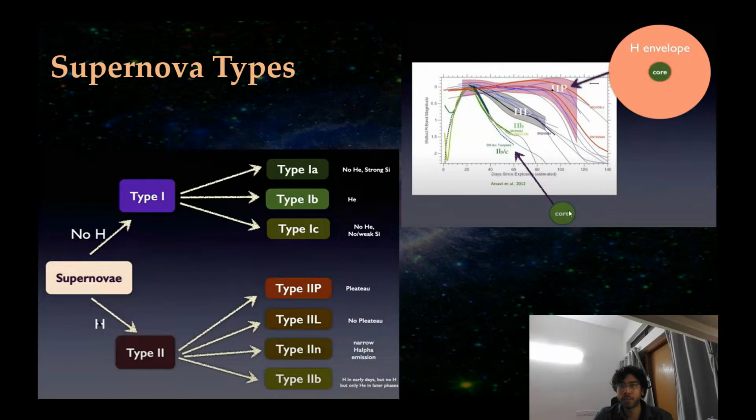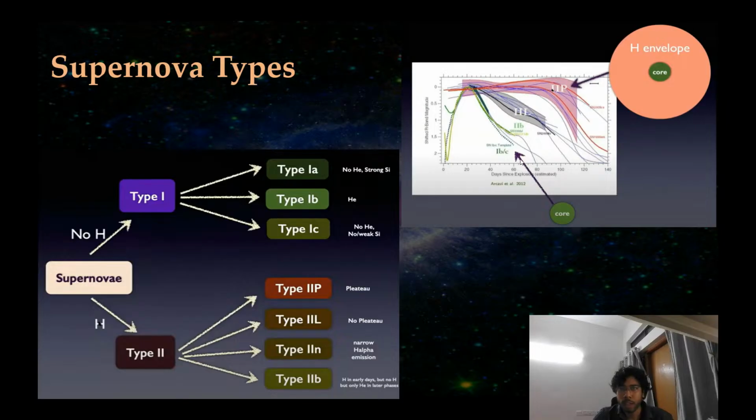Whereas there are other stars which start with very high mass, let's say greater than 20 solar masses. In that case, by the time they explode, they have lost all their hydrogen envelope with the help of stellar winds, and therefore they will be left with only the core, which will be carbon, oxygen, silicon mostly.